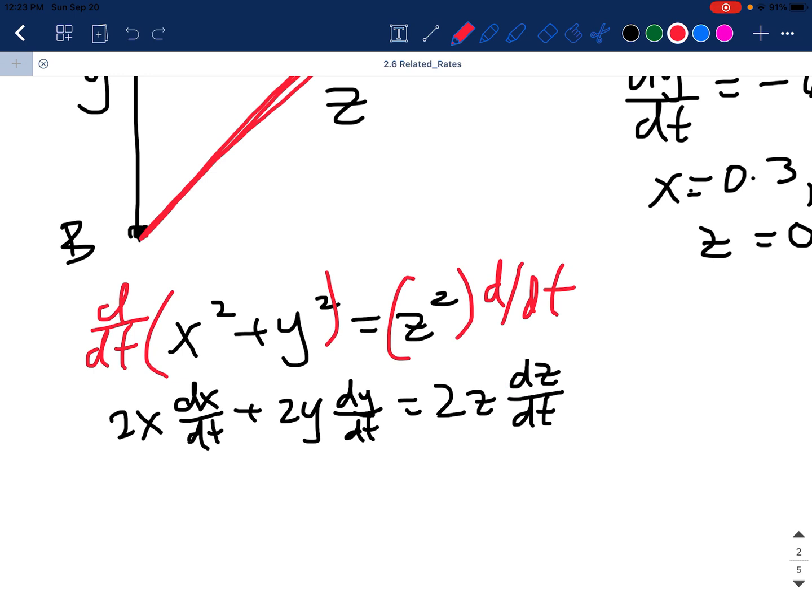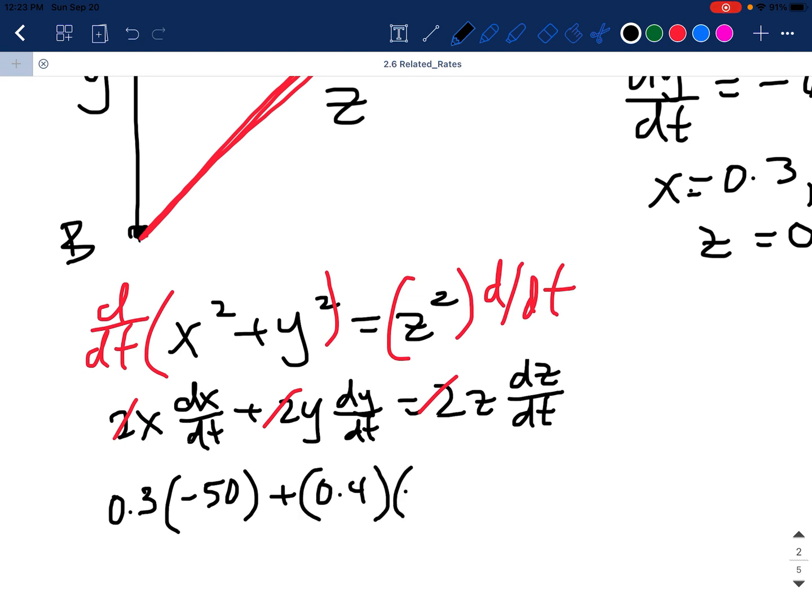So note, everything else is known at the moment that we're looking at. So we'll fill in those values. We could just cancel the 2's first. So the 2's will divide out, so we don't have to worry about those values. So x is 0.3, dx dt is negative 50, plus y is 0.4, and negative 60.